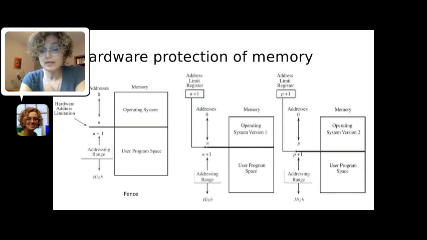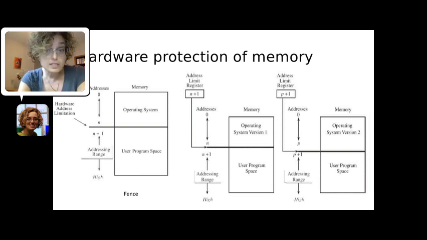So we're getting to a next implementation in the second half of this slide, where there is an address range that could change based on what we call a hardware register, a fence register as it is called, that contains an address for the operating system, the high address of the operating system, let's say n+1, and after that the user program space starts.